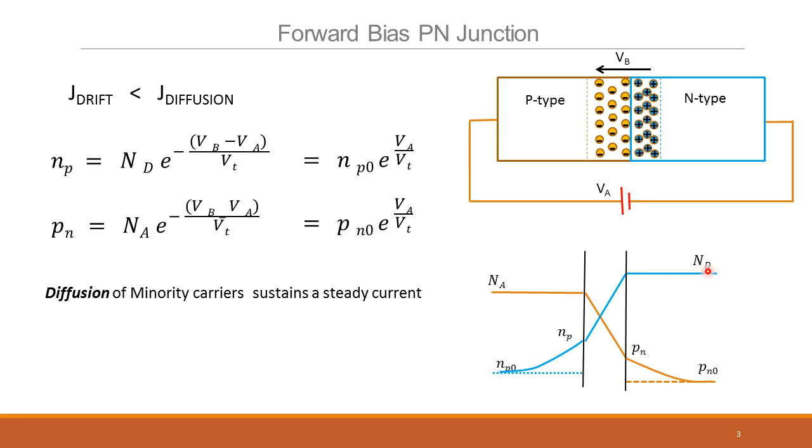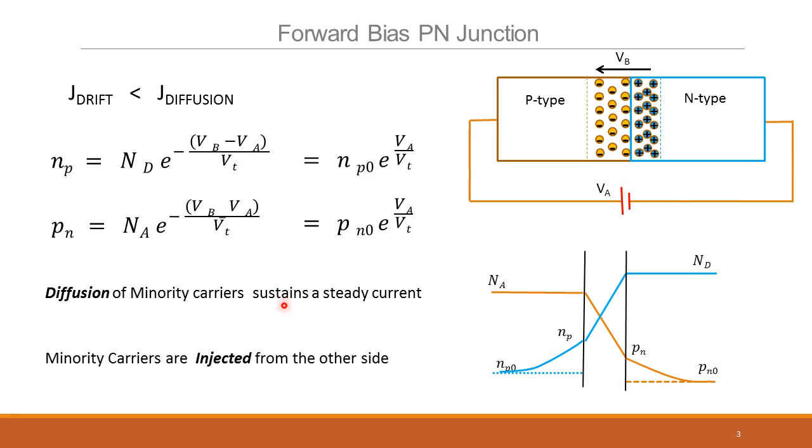This side has an excess of electrons, so it will keep giving the electrons as the diffusion takes place. Same way here, as the PN takes place, the holes here will be supplied. The electrons that flow get recombined by the holes that this battery has to supply. That's why this gradient will come for you. And same way, this PN as it goes here gets combined with the electron that this guy supplies.